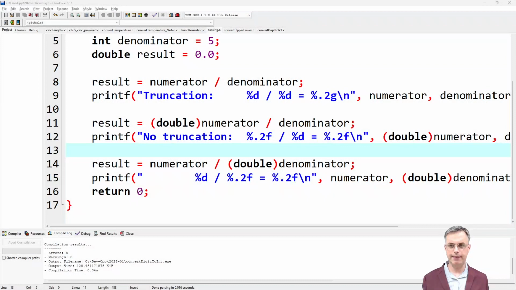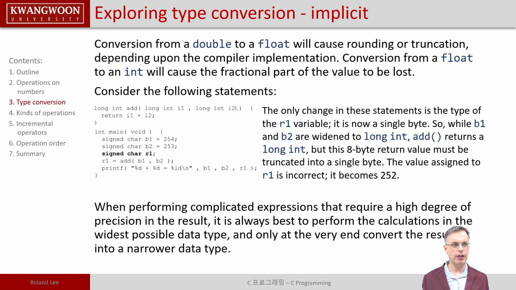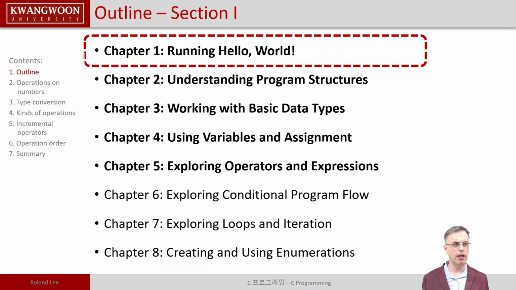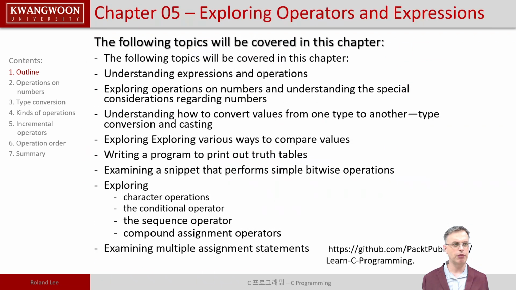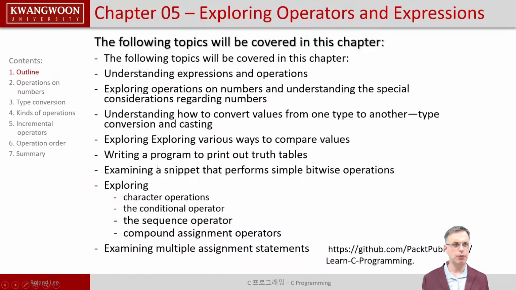So let's stop here and not continue from here. Let's see what we have done so far. We have started our new topic, chapter 5. It's about exploring operators and expressions, and we will finish up the operations.